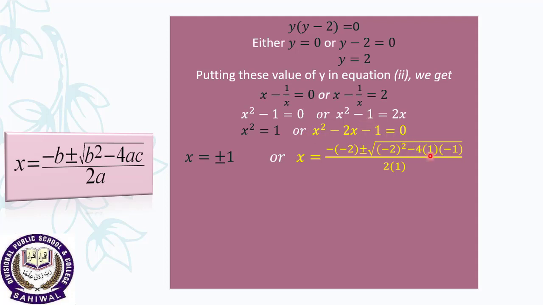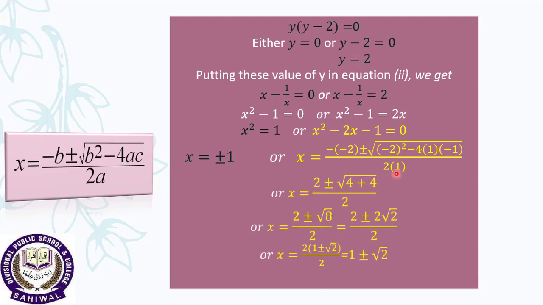So we put minus 4 times 1 multiplied by minus 1 over 2 times 1. Simplifying this, we get 2 plus minus square root of 4 plus 4 over 2, which can be written as 2 plus minus square root of 8 over 2.